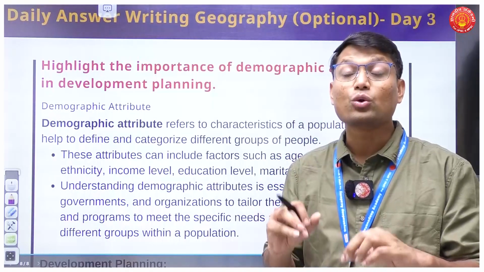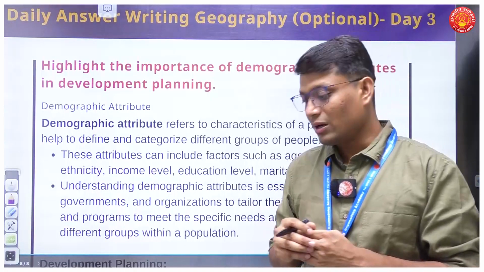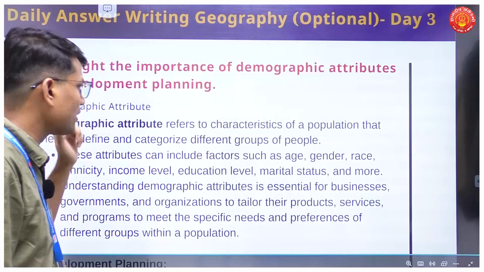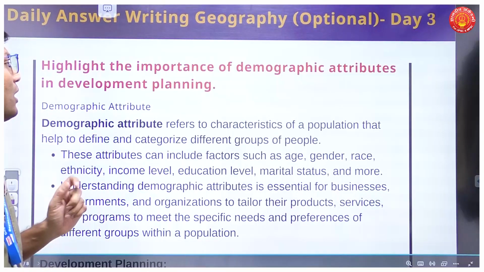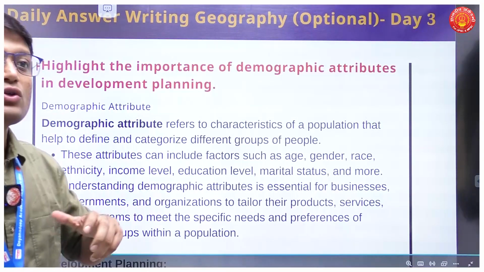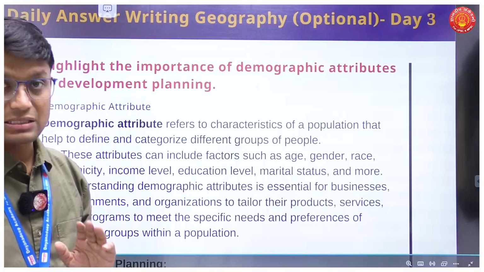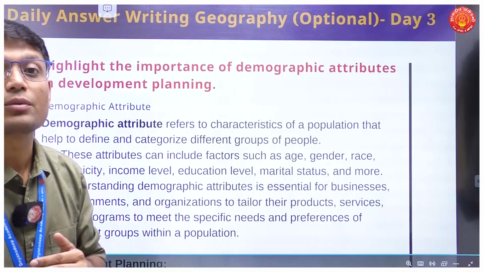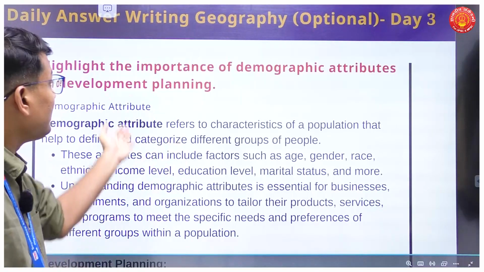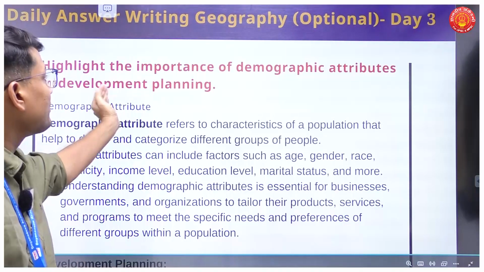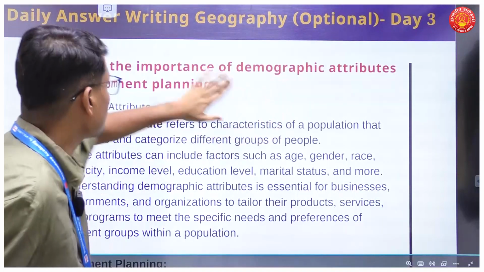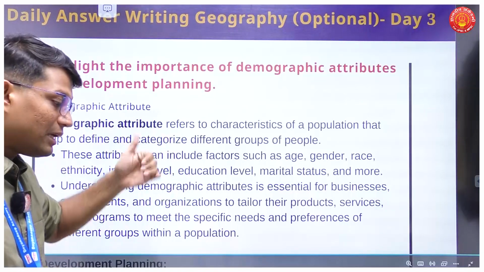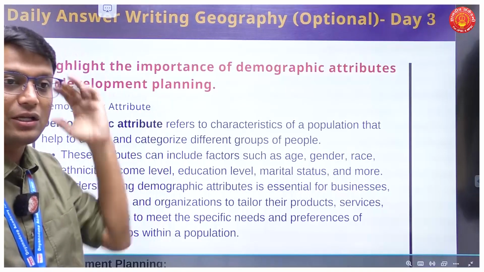Now, how can you introduce this question? I don't have any fact or figure around this particular topic. In my opinion, a better way is to go for the topic itself. Just directly start with demographic attributes and say what they are. Because in the later part, anyway, you have to establish a relationship between demographic attributes and development planning, I'll not bring in this discussion right at the beginning of the answer.